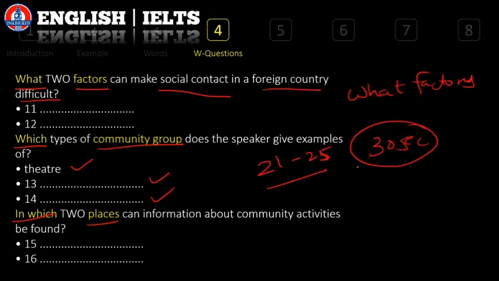So in these 30 seconds, what you're supposed to do is read the questions and underline the important information, like we did here: what factors, which community groups, and in which places. You see, this information is going to be very helpful for us in the coming task.